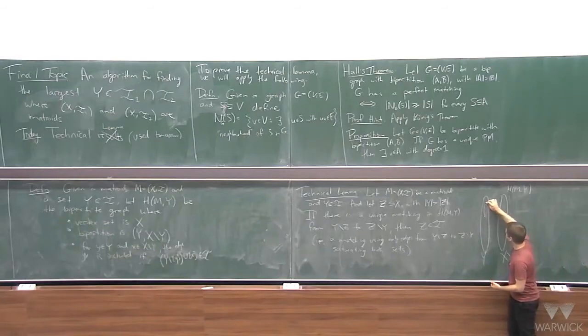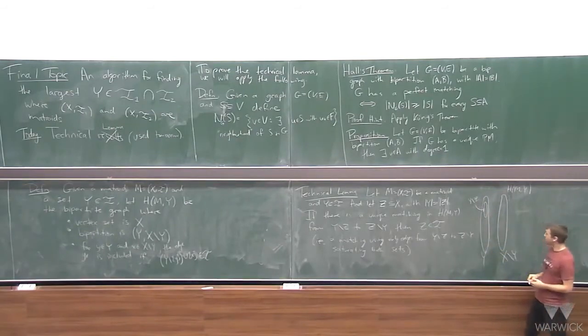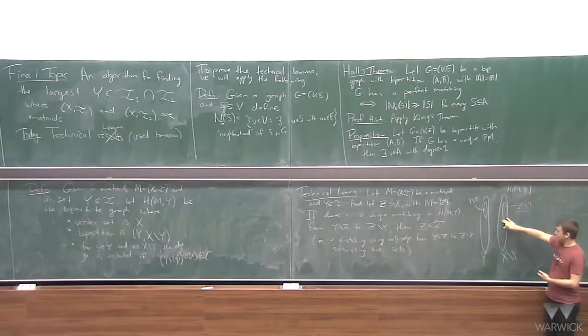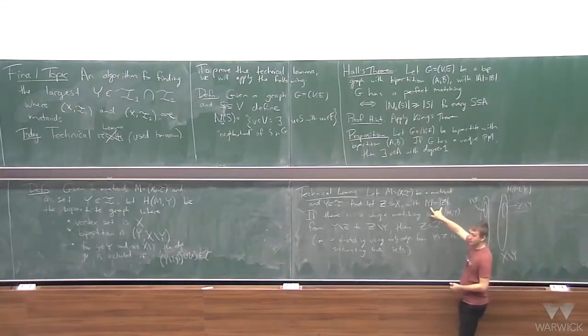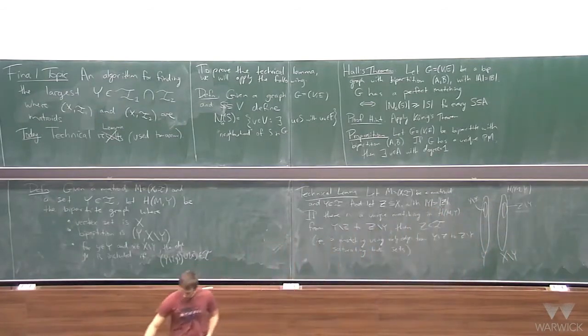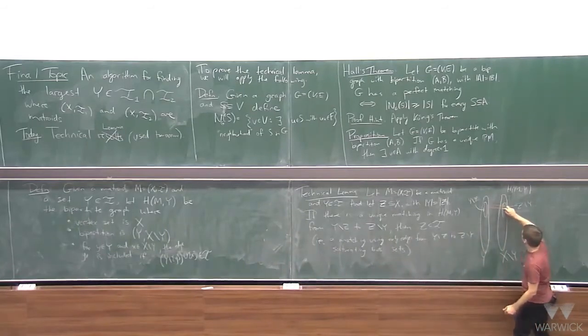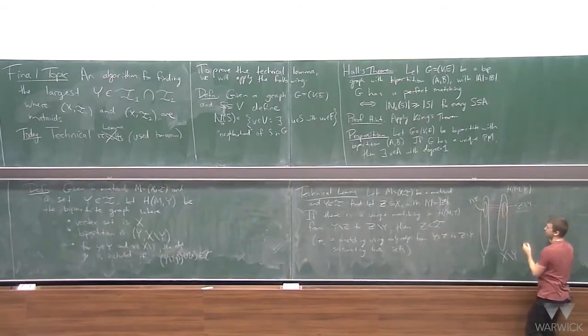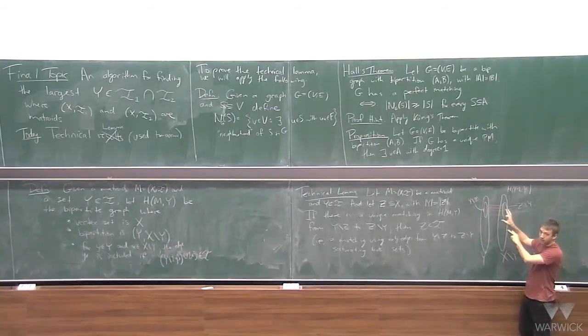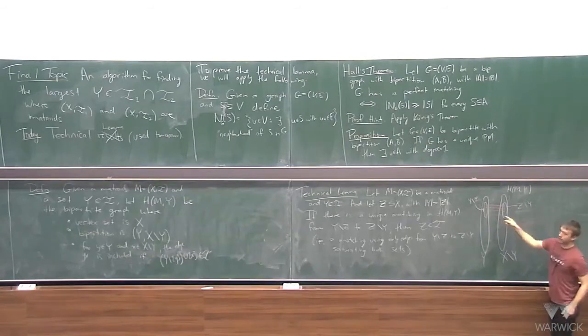Here you've got the set Y minus Z, which lives over here because it's a subset of Y. Here you have the set Z minus Y. It lives over here because it doesn't contain any elements of Y. And we know that these have the same size because Y has the same size as Z. Our assumption is that there's some matching which matches every element here to an element there using an edge, and this is the only matching from this set to that set.